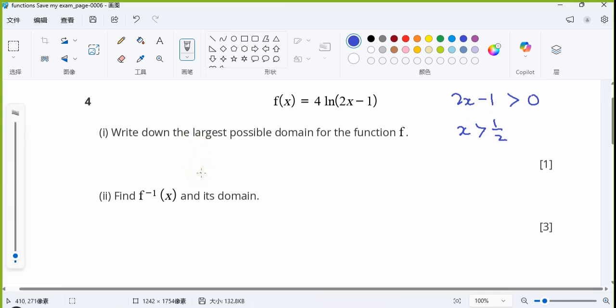Next, find the f inverse and its domain. So let f(y) equal to x, then f inverse of x equal to y.